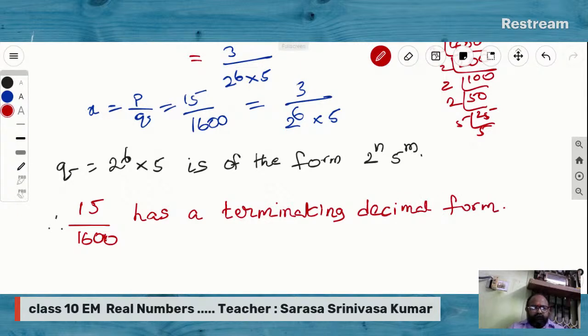Why? Because the denominator q can be expressed in the form of 2 power n 5 power m, because q equal to 2 power 6 multiplied by 5. So we can write it in the form of 2 power n multiplied by 5 power m. Hence, it has a terminating decimal form.